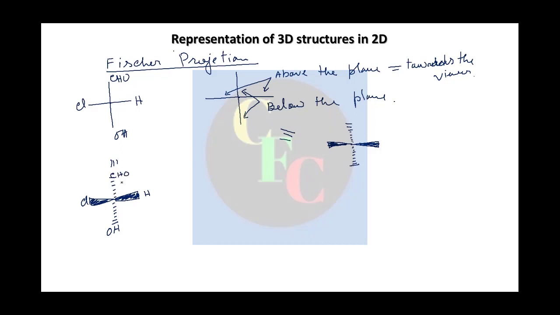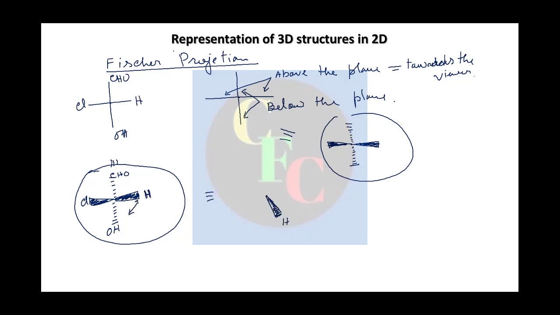Okay. But you are not used to drawing like this, right? This is drawn for our understanding purpose, but you will seldom see people drawing organic structures like this. So how can we convert it to the Sawhorse type of projection?